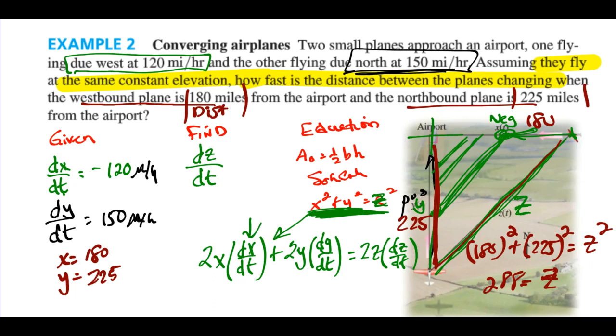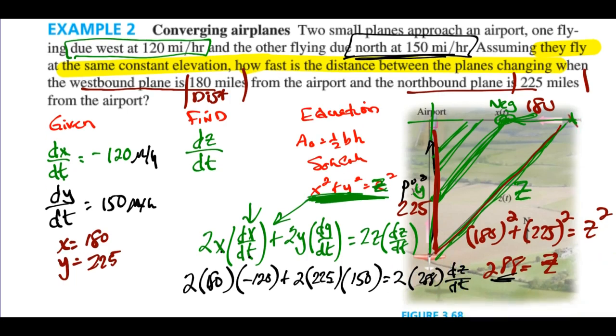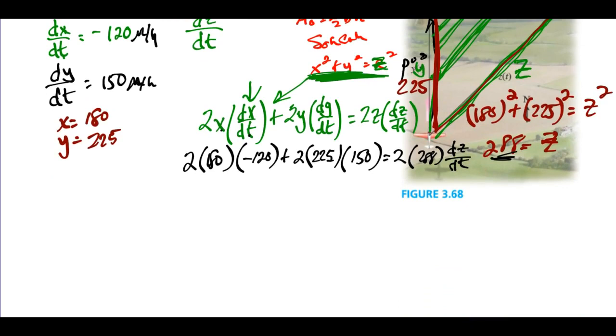So let's see if we can plug a couple things in. We got 2 times the x value given, 180, times the rate, negative 120, plus 2 times the y value, 225, times its rate, 150, is equal to, fortunately we solved for z, so 2 times the 288, and we're looking to take this thing and actually solve this for dz/dt.